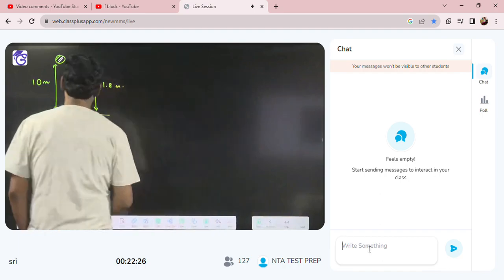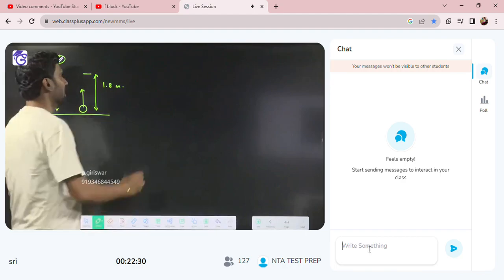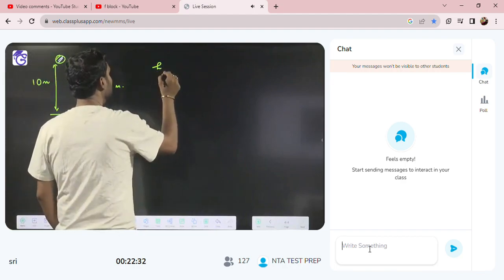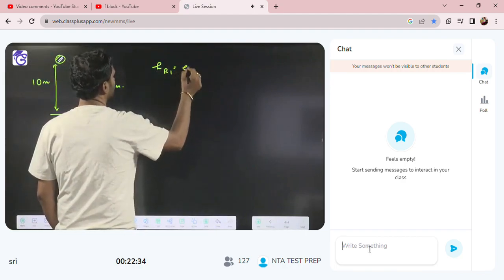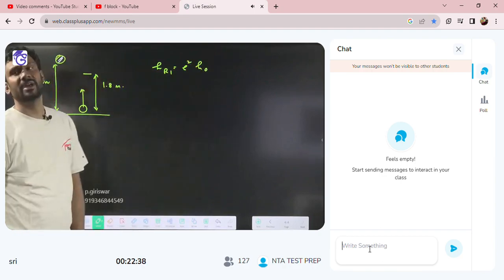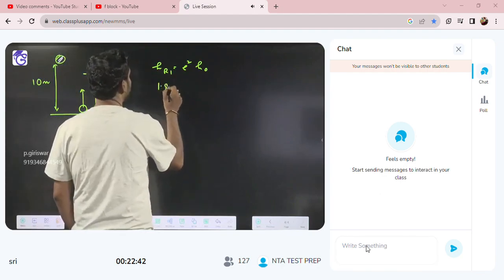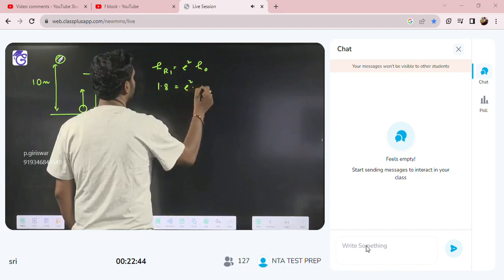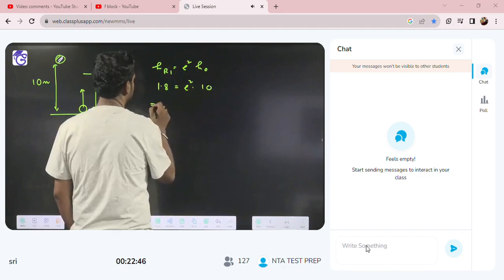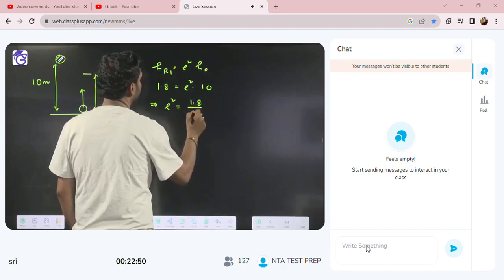So what can you tell about this? Look, first of all, HR1 is equal to E square into H naught. Direct formula is there. HR1 is 1.8, H naught is 10. So E square becomes 1.8 by 10.